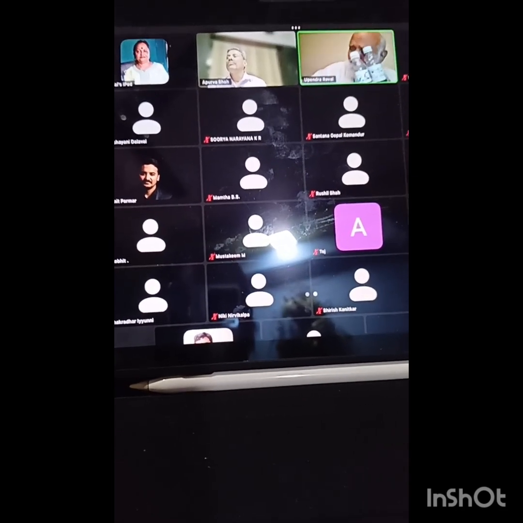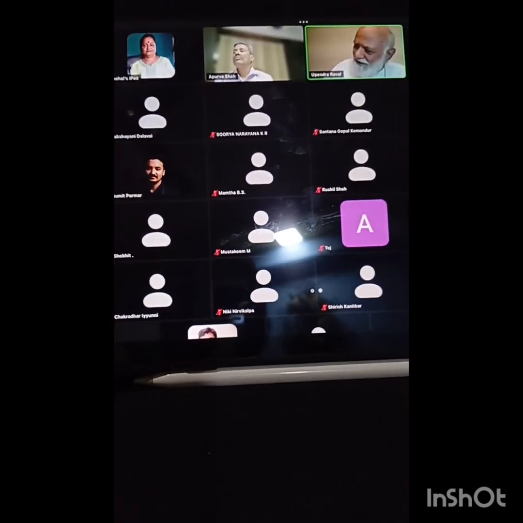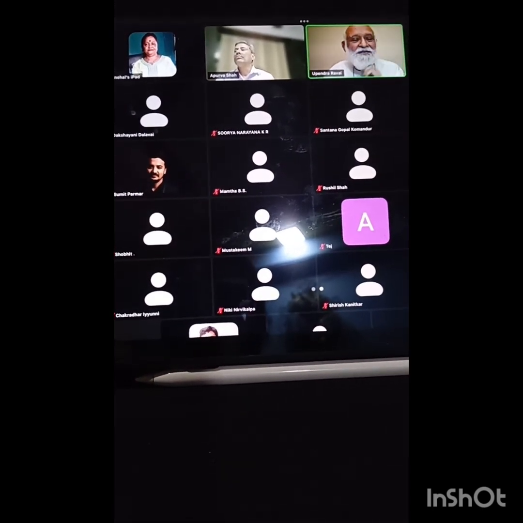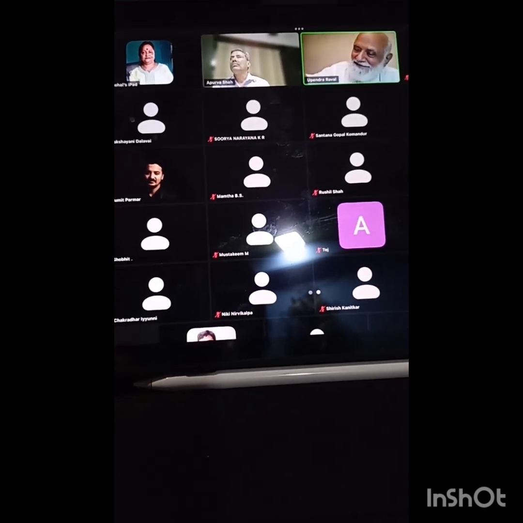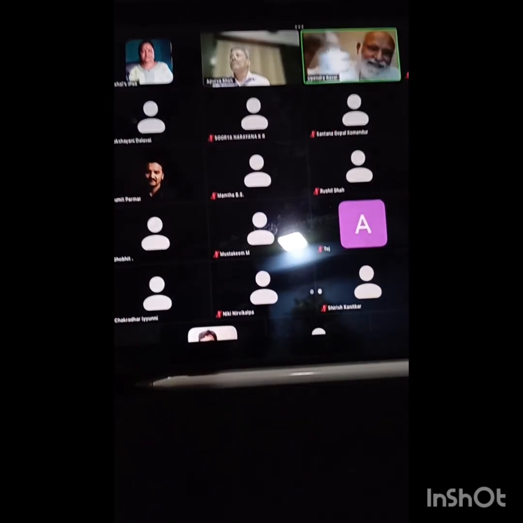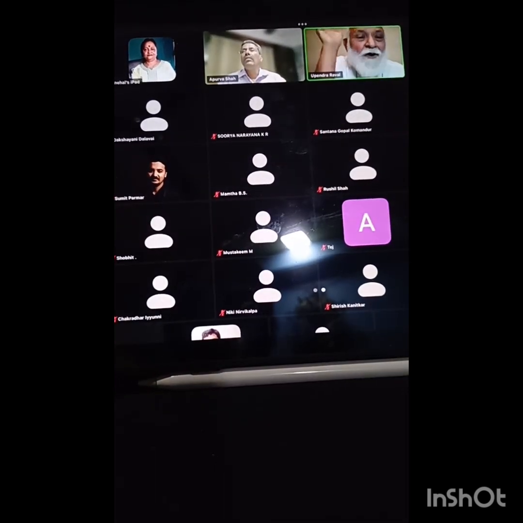Now, for the last 1 year I was working on this. When I used to cut my nails and beard, I used to keep those nails and all that in a bottle like this. These are 200 ml bottles, 100 ml bottles, in water.